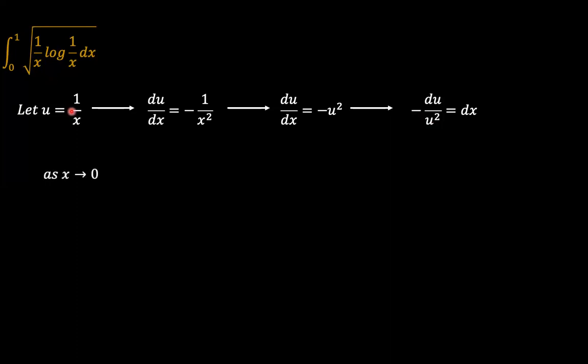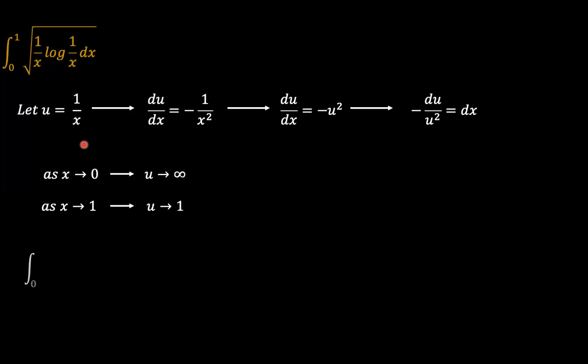So with this substitution, what happens is when x tends to 0 at this lower limit, then u tends to infinity. That is obvious. And then as x tends to 1, 1 over 1, so u tends to 1.